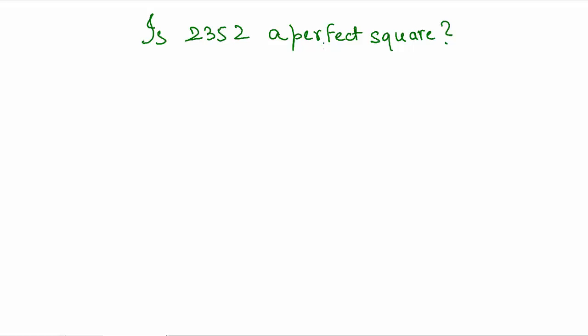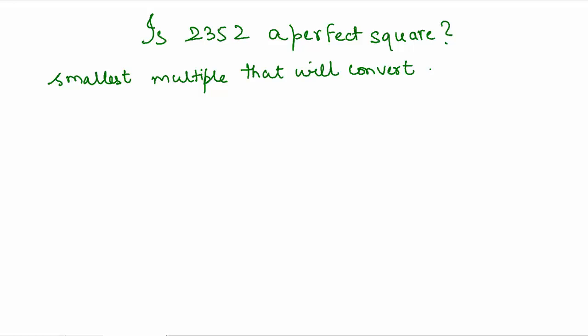If it is not, find the smallest multiple, or find out the smallest number that will convert 2352 into a perfect square.